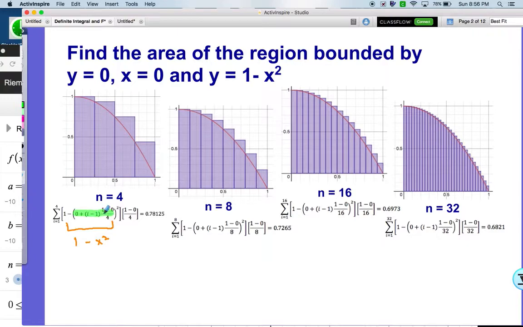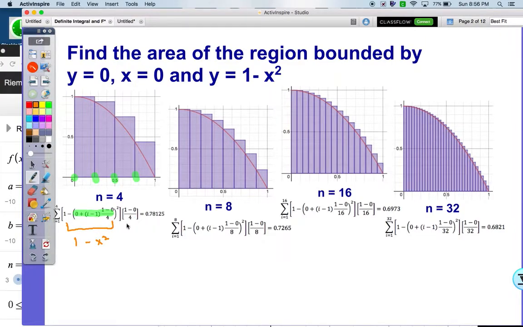It has that times the delta x. So it's starting at 0, and then 1/4, 1/2, and 3/4 when you plug in 1 through 4. And out here we have our delta x.